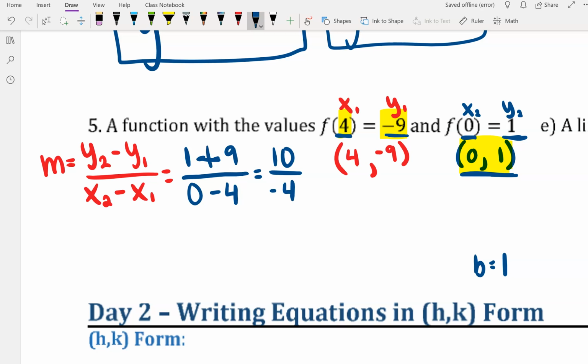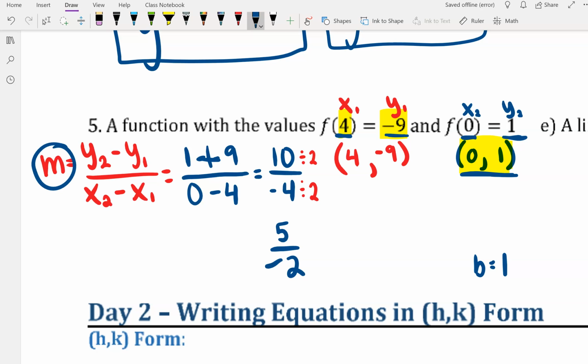Now those numbers are both even. Something goes into those and we can reduce it. So we can reduce by dividing these both by 2, because 2 goes into both. So 10 divided by 2 is 5, and -4 divided by 2 is -2.